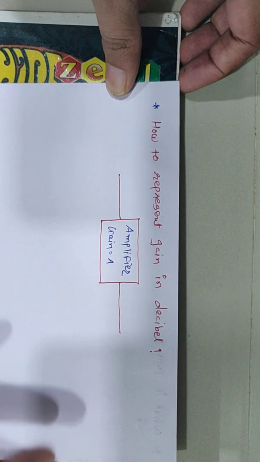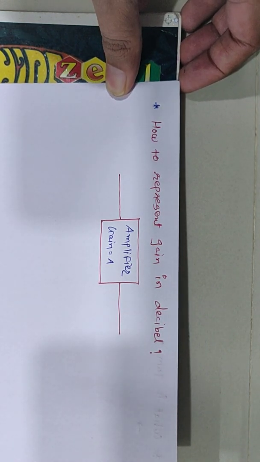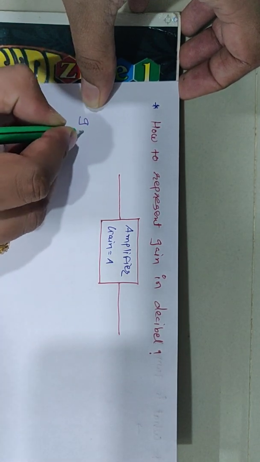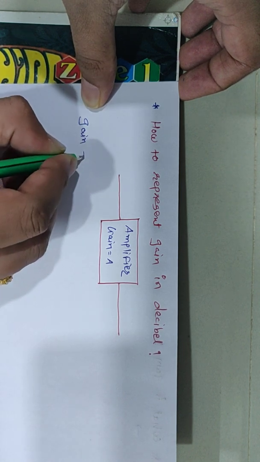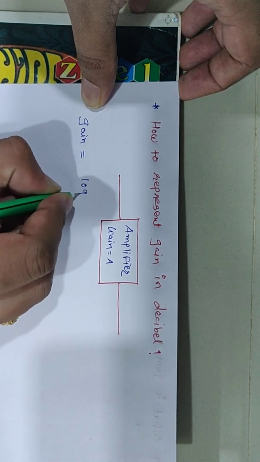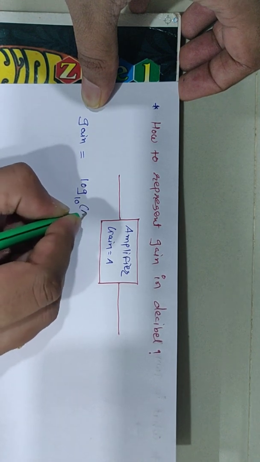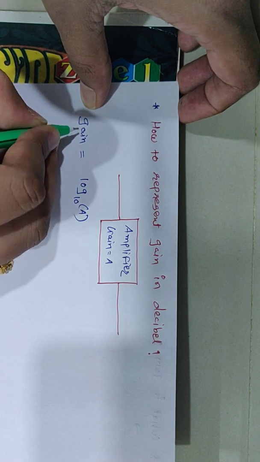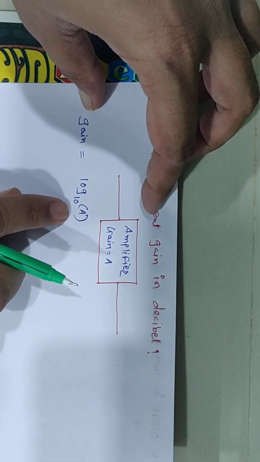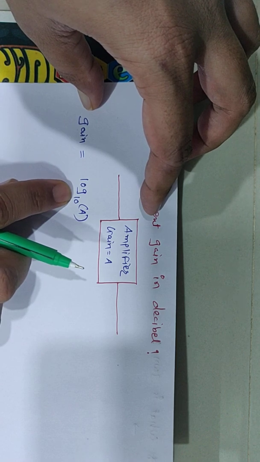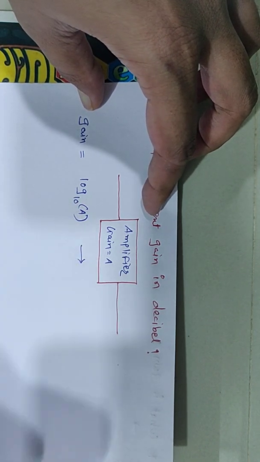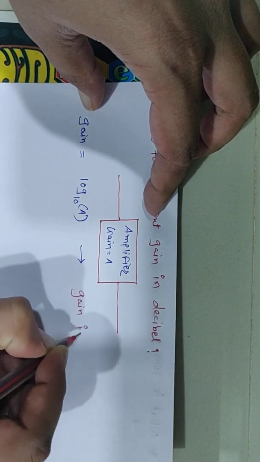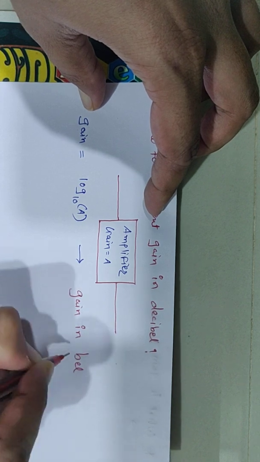Okay, so first of all we will represent that gain is equal to log base 10 to the A. Okay, now if we convert our gain into log base 10, then it is called the gain in BEL.